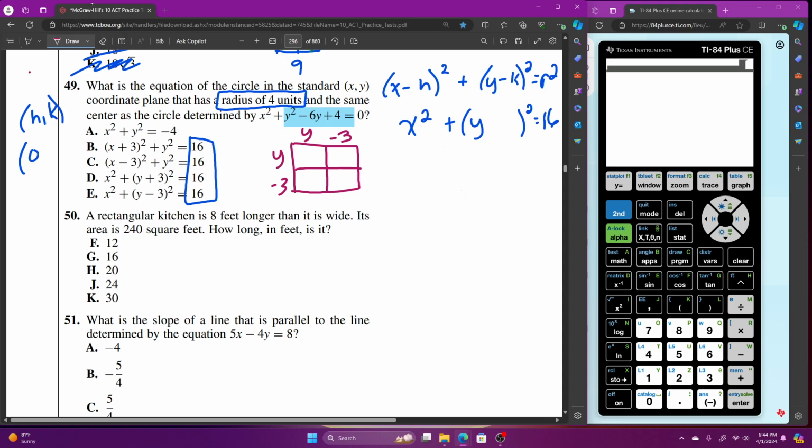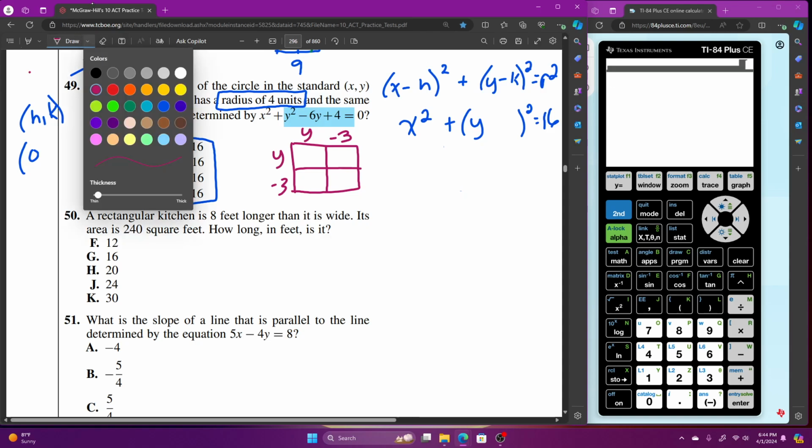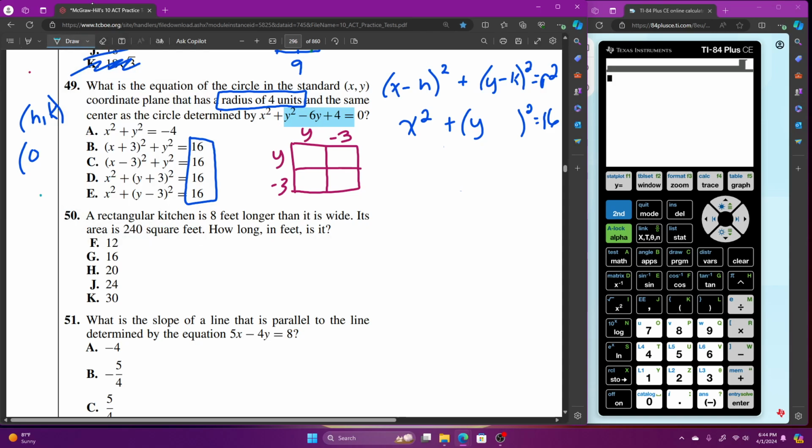Anyways, okay. We have y times y is y squared minus 3y minus 3y. -3 times -3 is going to be a positive 9. So that'll be y minus 3.